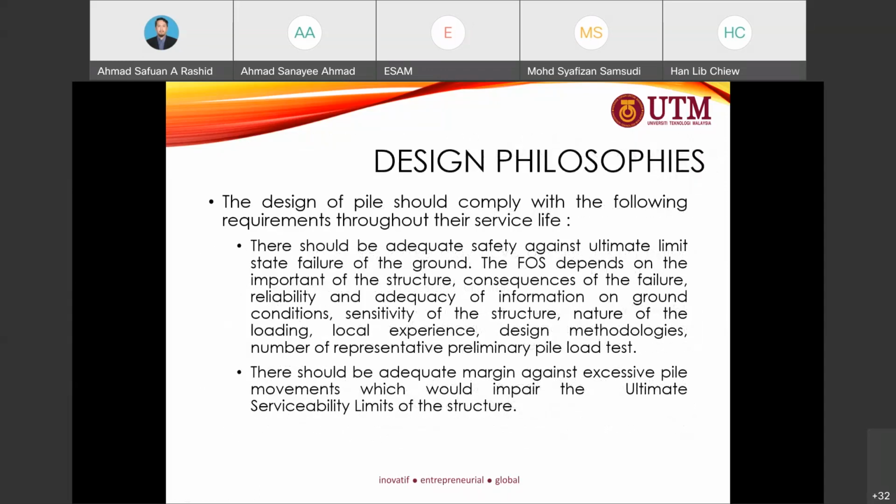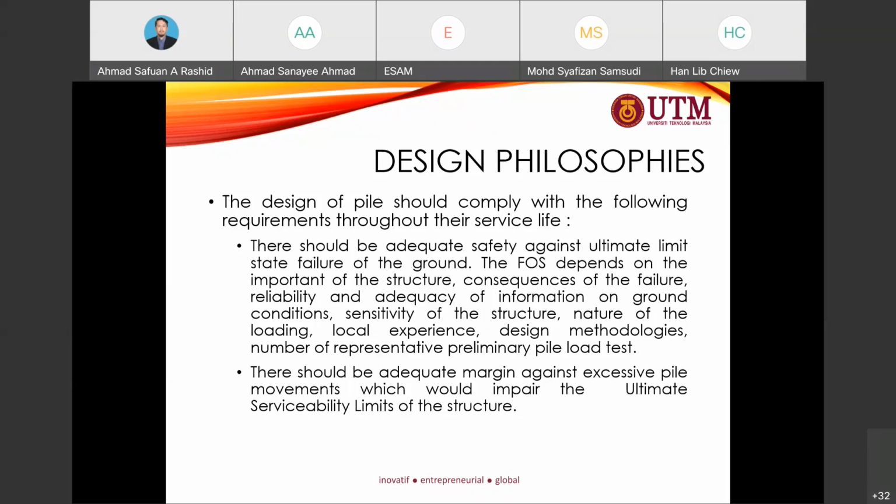Okay. So the design of the pile should comply with the following requirements throughout their service life. There should be adequate safety against ultimate limit state failure of the ground. The FOS depends on the importance of the structure, consequence of the failure, credibility and adequacy of information on ground condition, sensitivity of the structure, nature of the loading, local experience, design methodologies, and number of representative preliminary pile load tests.